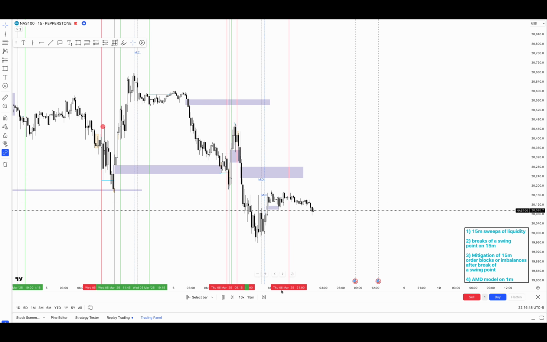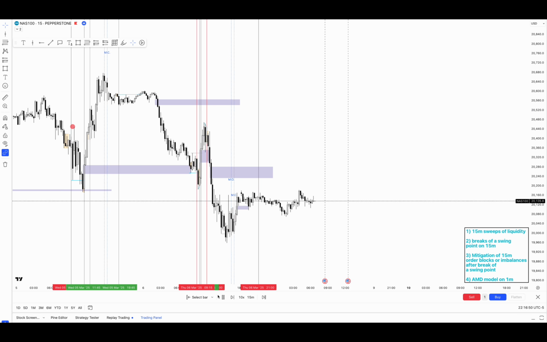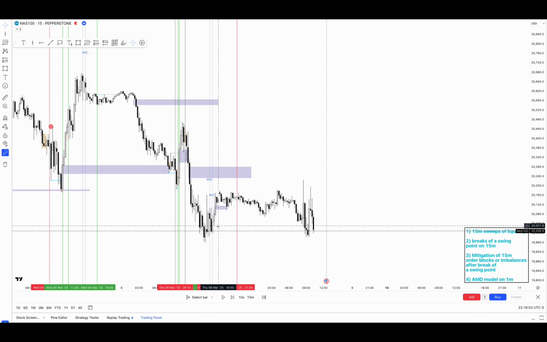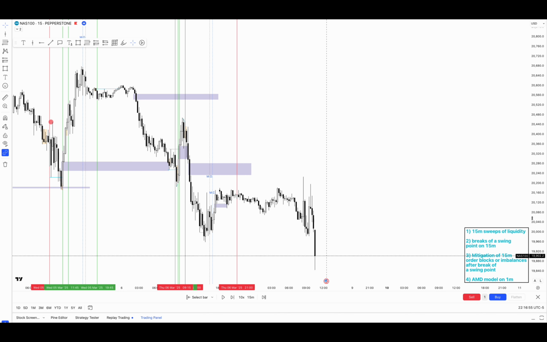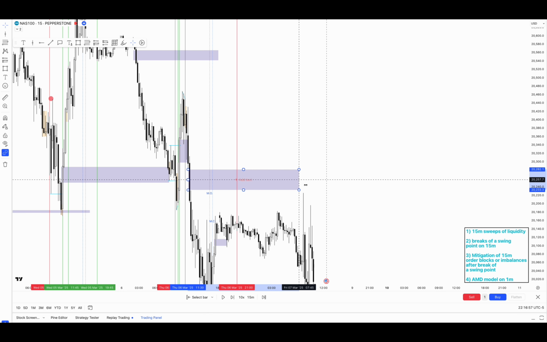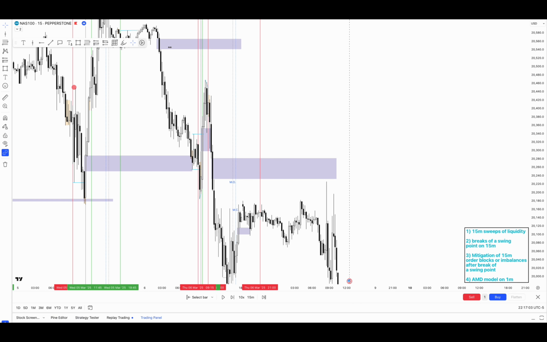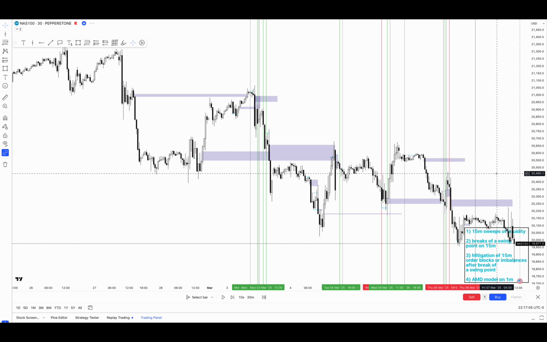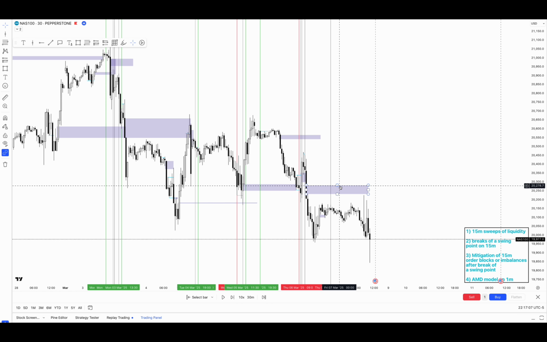Friday was NFP and the Fed spoke that day, so I just didn't trade at all, but let's see what it gave us if it was a possible move I could have took. It looks like it still missed this imbalance a little bit. Let's see. Maybe I can consolidate on the 30-minute. Yeah, no, it still just missed that one.